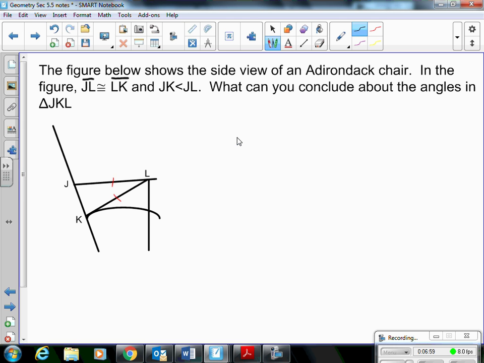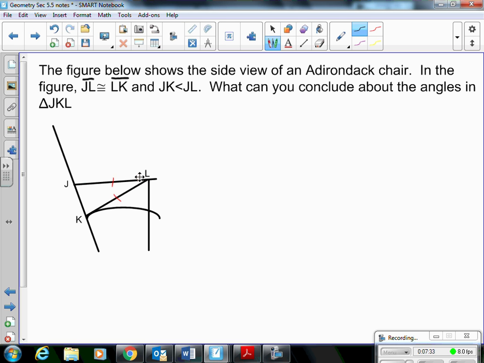All right, the figure below shows the side view of an Adirondack chair. In the figure, JL is congruent to LK, and the length of JK is less than the length of JL. What can you conclude about the angles in triangle JKL? So we got this triangle here, JKL.